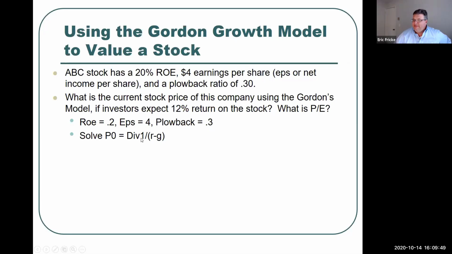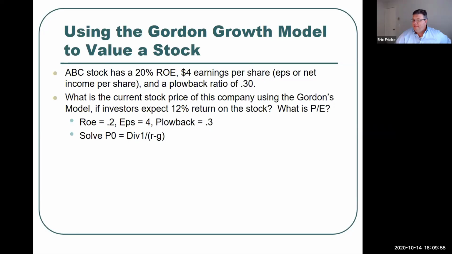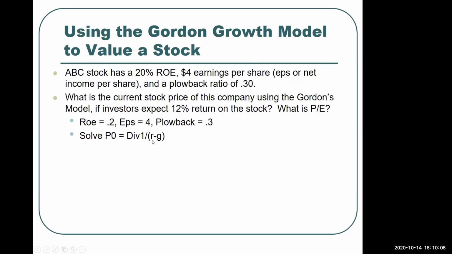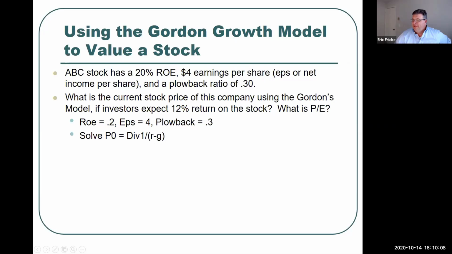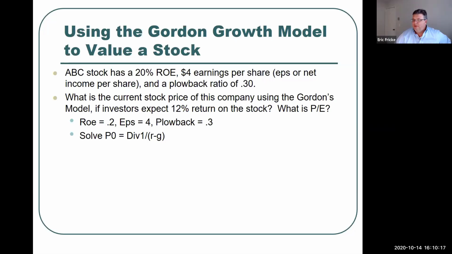Do we know the dividend at time 1? No. Okay. So we're going to have to solve for that. Do we know R? Yes. 0.12. Exactly. Do we know G? No. Okay, so we've got to solve for the dividend and G.